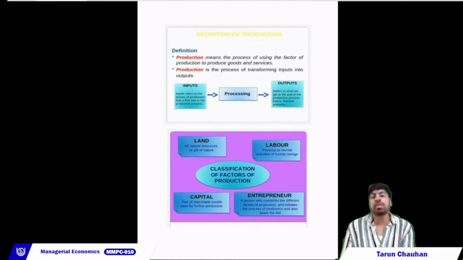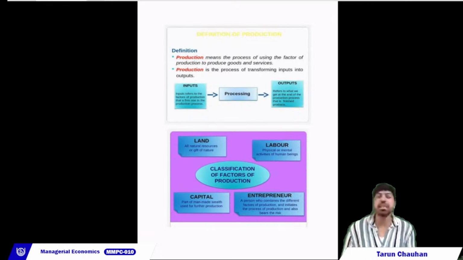When we talk about labor, labor refers to the physical or mental activities of human beings, where a person may be physically strong or mentally strong. Capital is a man-made material which is used for further production.